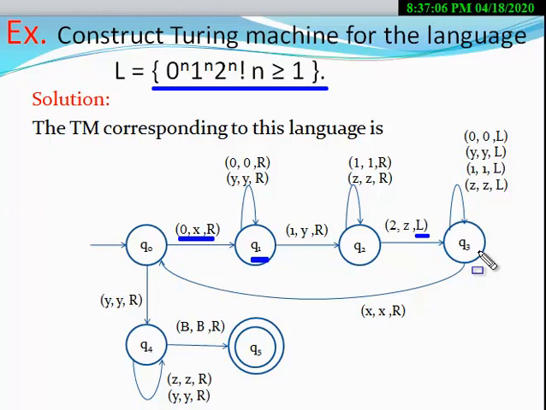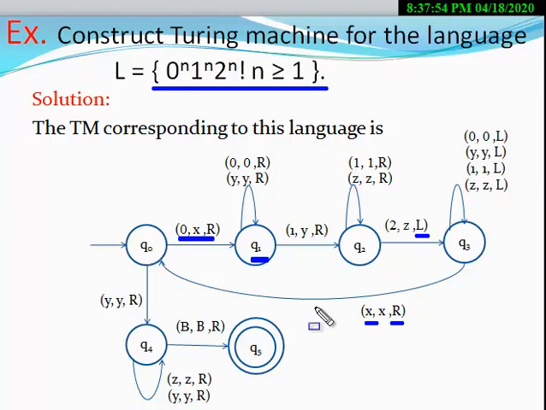The machine moves in the left direction till it encounters the tape symbol X. As soon as the tape symbol X appears, the machine moves its state from Q3 to Q0, and the head of the machine moves to the right direction.